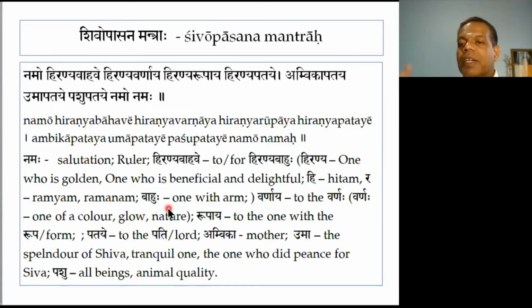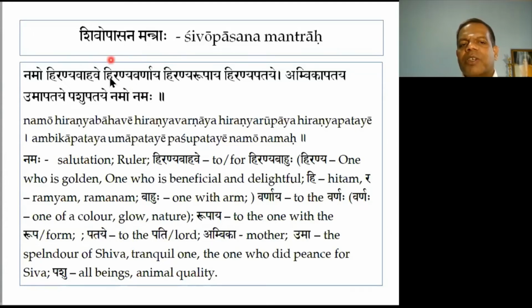Bahu means a person with arms. So the one who has golden arms, he is Hiranya Bahave. So we are bowing down to that Hiranya Bahu.